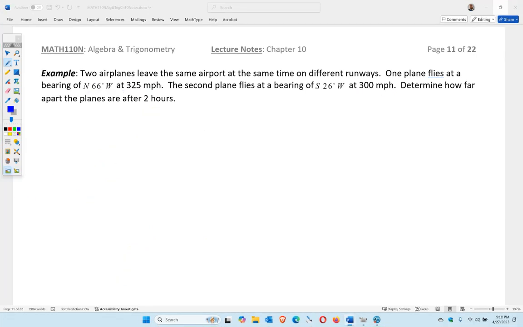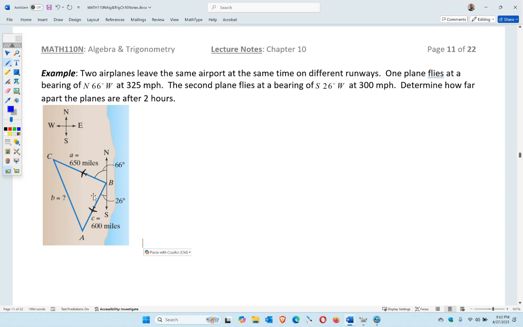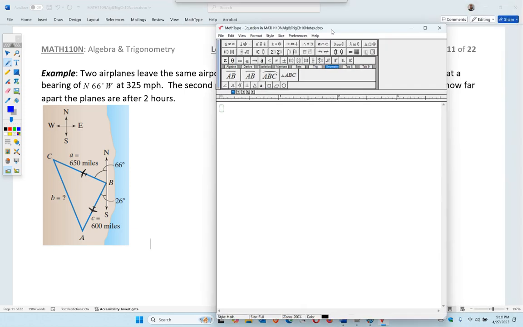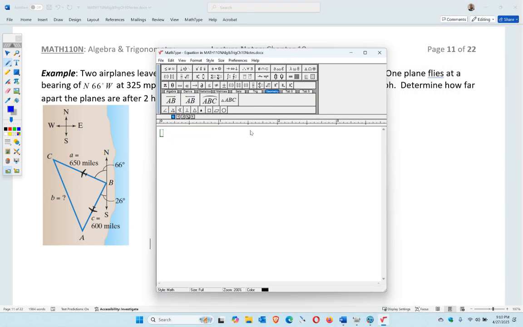Let's get the picture up here. Okay, so 88 degrees is the angle that's in between. Bring it over here. Okay, so we'll say b squared equals, doesn't matter which one you do, 600 or 650, 650 squared plus 600 squared, those are interchangeable, minus 2 times 650 and 600, again those are interchangeable.